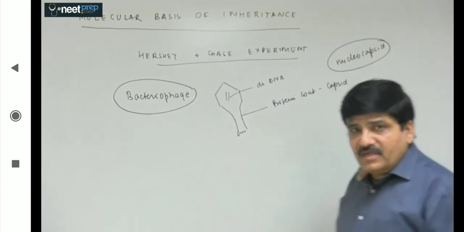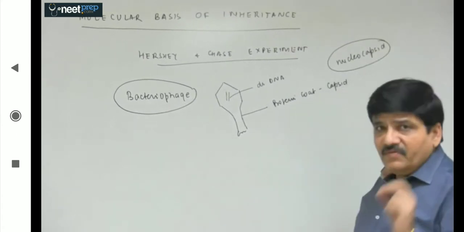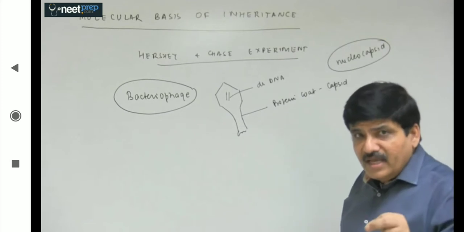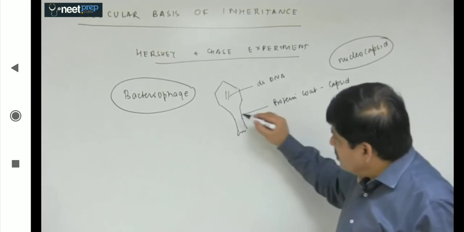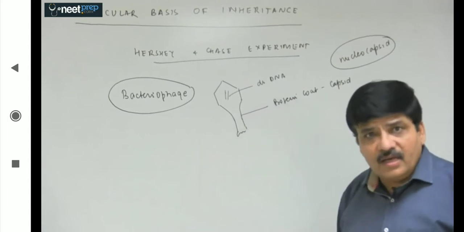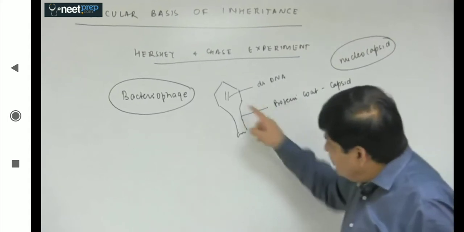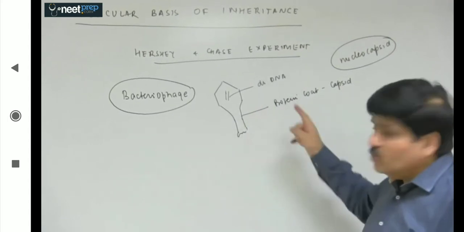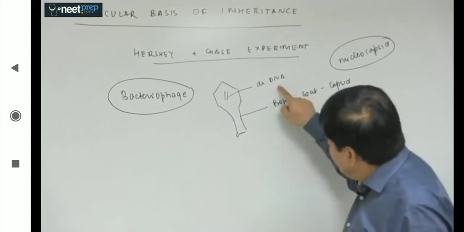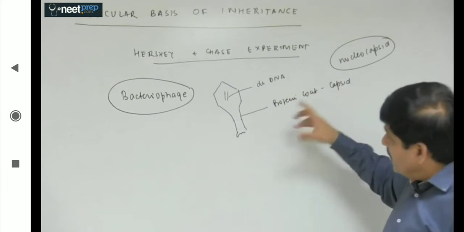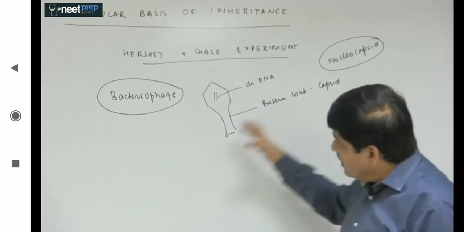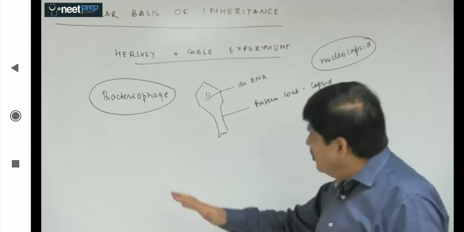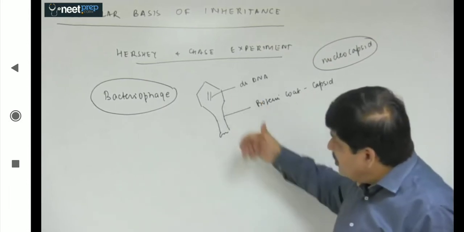Now please understand, we are confused between DNA and proteins. And can you see, the choice of bacteriophage is critical here because it is made up of only these two things that we are confused about. It is made up of only DNA and protein. So that means we will be able to reach the correct conclusion by excluding either of the two.